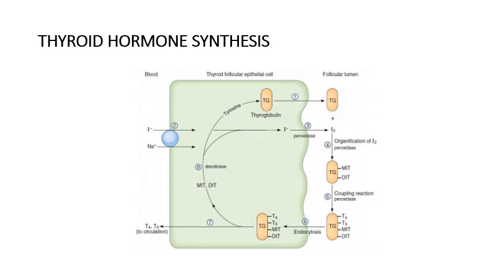After formation of MIT and DIT, they combine to form T4 and T3. Two diiodotyrosine combine to form T4, one monoiodotyrosine and one diiodotyrosine combine to form T3, and this process is called the coupling reaction, catalyzed by the same enzyme peroxidase.